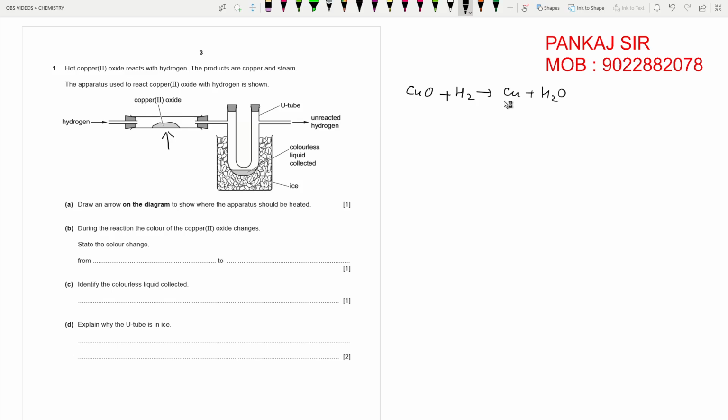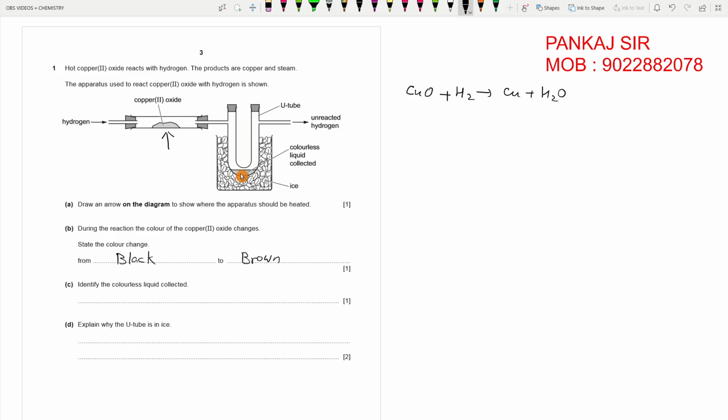So the color change will be from black to brown. Black to brown. Next question is identify the colorless liquid collected. So this is the liquid collected over here, and this colorless liquid has to be nothing but water, H2O. So I'll write here water as the answer.